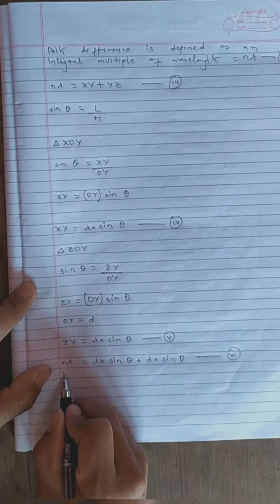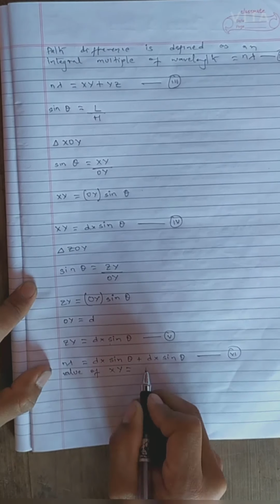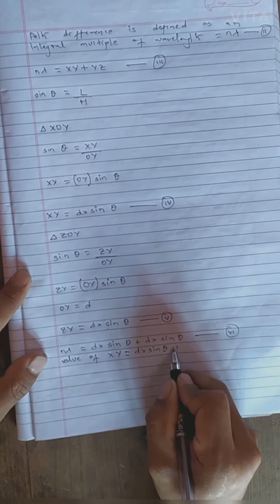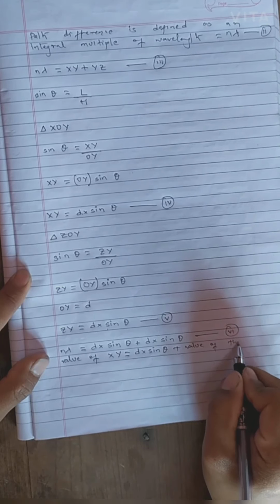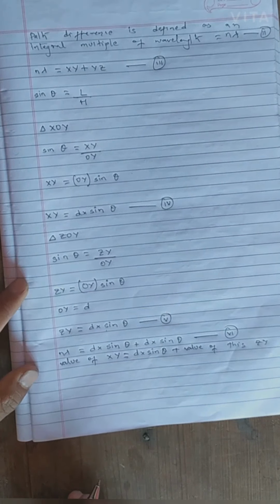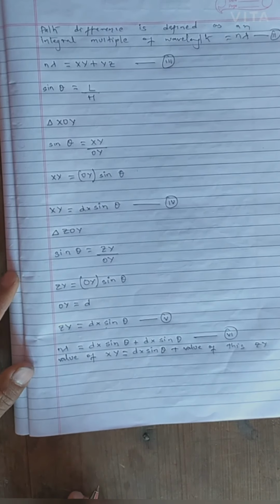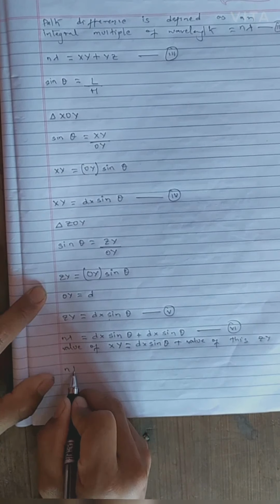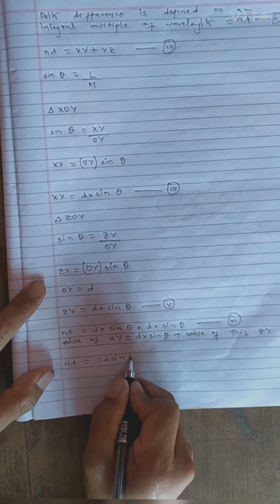So this is equation number 6, and after simplifying we can write this equation as n lambda equals 2d sin theta.